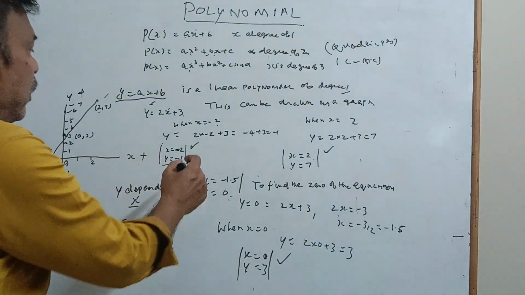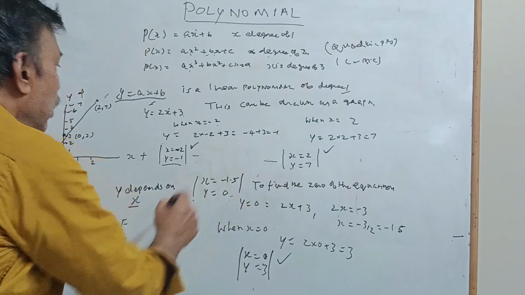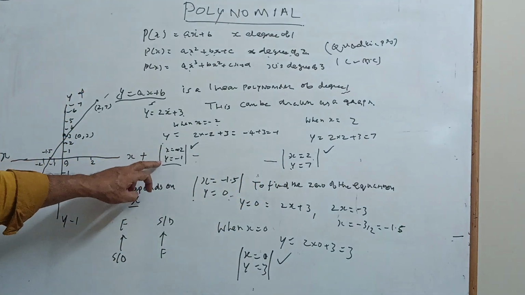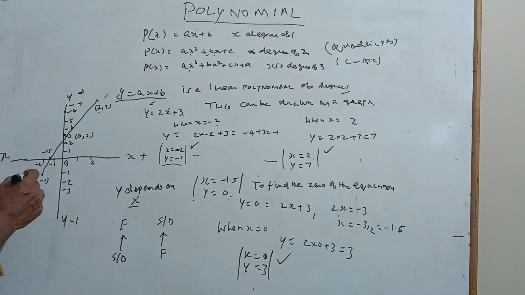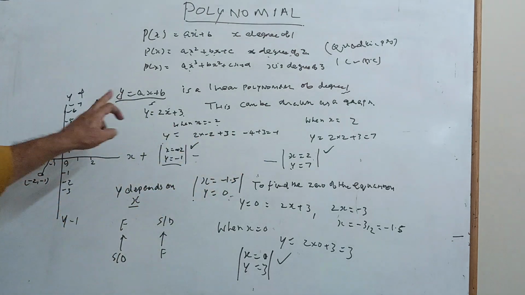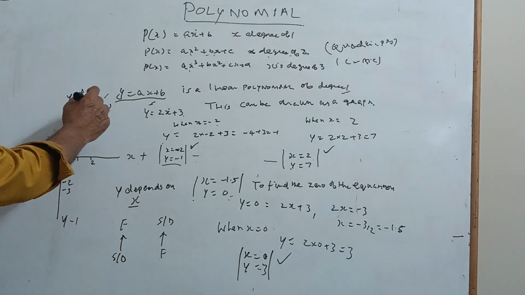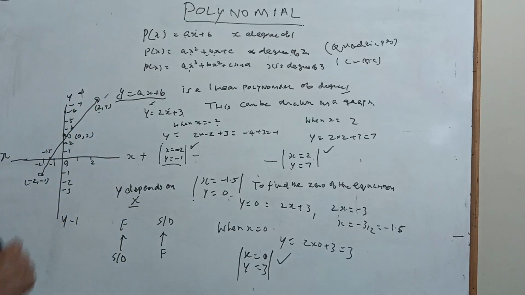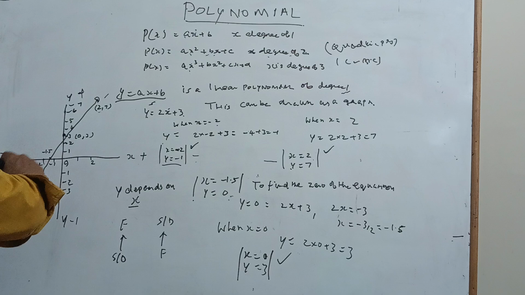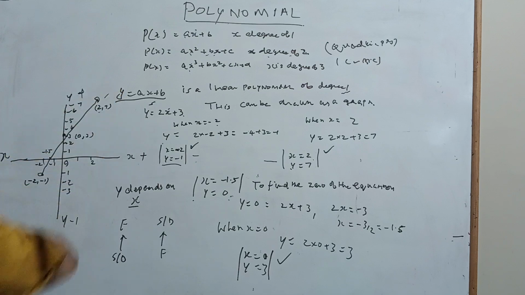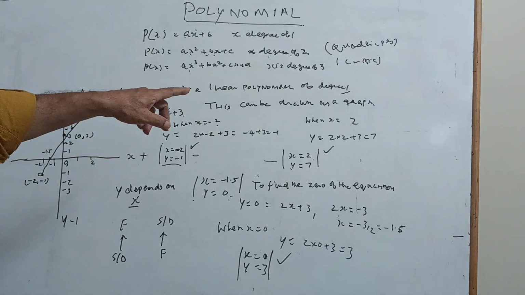You get these 2 points now. When x is equal to minus 2, y equal to minus 1, this is a point in the graph. When x is equal to 2 and y equal to 7, this is a point in the graph. You join these 2 points, then this becomes a straight line. That is why it is called a linear polynomial.